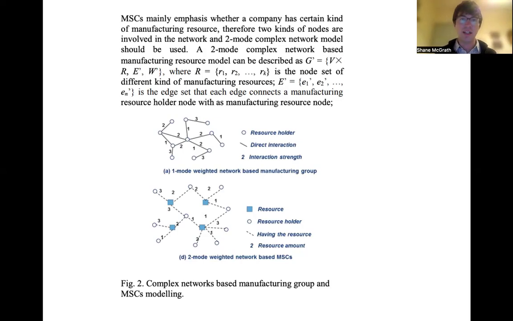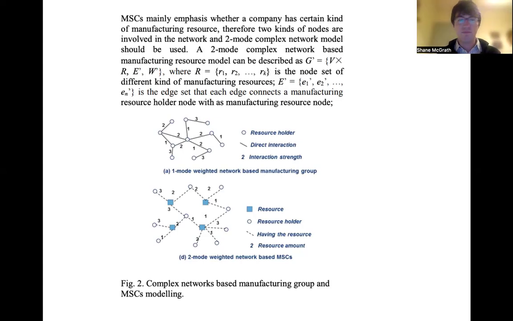They emphasize where a company has a manufacturing resource. There are therefore two kinds of nodes involved in the network. A two-mode complex manufacturing network can be described with this method, and then there's a one-mode manufacturing group. This describes the different kinds of complex nodes that a manufacturing resource might entail.